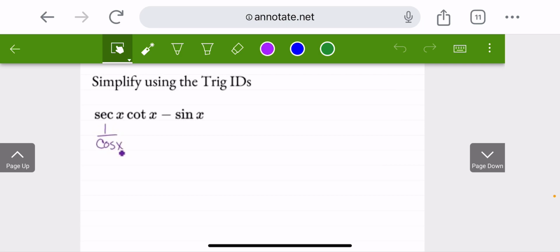And cotangent is cosine over sine, minus sine of x.